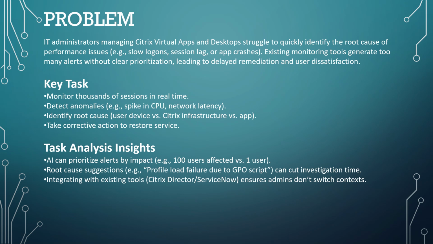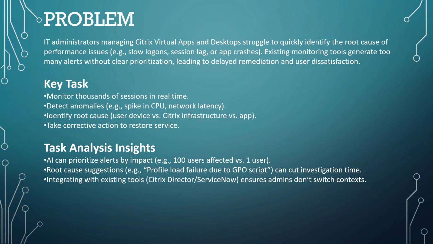So for the task analysis and insights, AI can prioritize alerts by impact. It's not the same if one user is the only one impacted versus 100 users calling the help desk, where sometimes it is a financial institution where time is money, or it could be a healthcare institution where we're talking about lives.